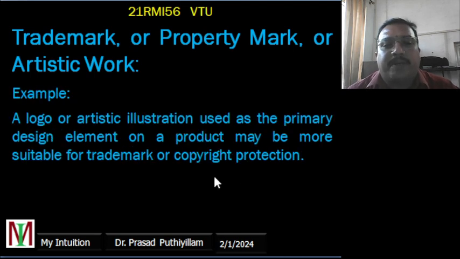So for example, a logo or an artistic illustration used as a primary design element on a product will be more suitable for trademark or copyright protection. The design of a logo comes under copyright or trademark protection. It will not come under design protection as such.